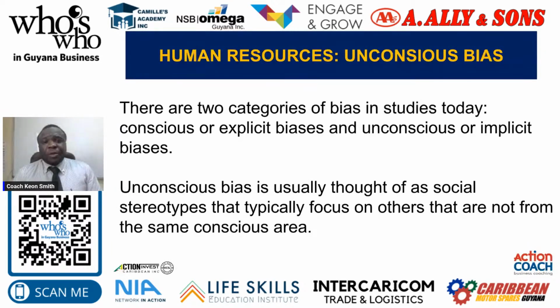And we want to make sure that persons are aware of these implicit behaviors so that they can consciously do something about them. Now, when we talk about conscious or explicit bias, these are biases that we are aware of, that we're using to make a particular decision. Not saying that it is particularly good, but it all depends sometimes on the circumstances.